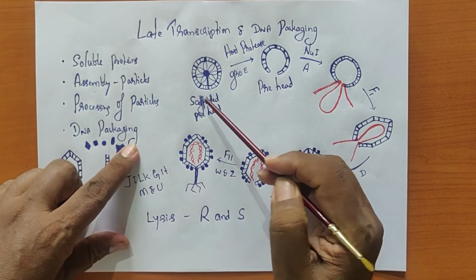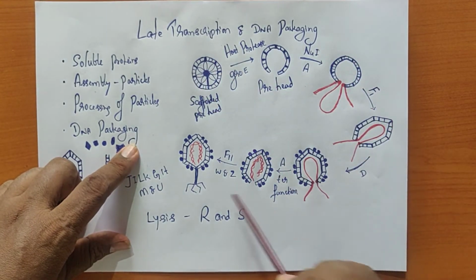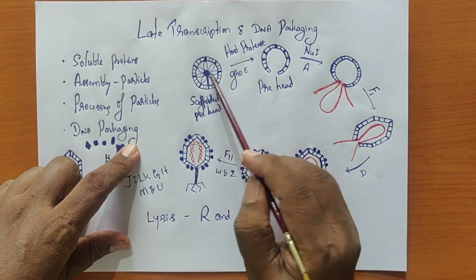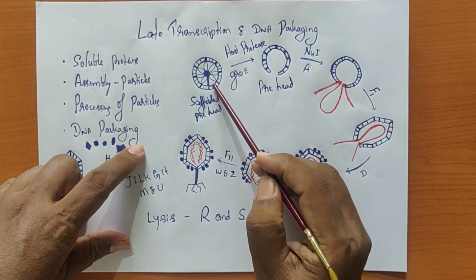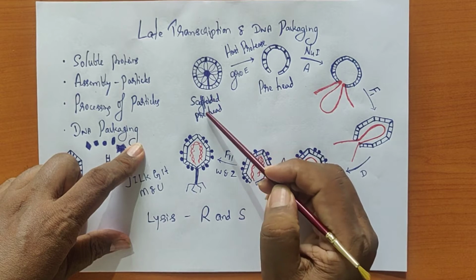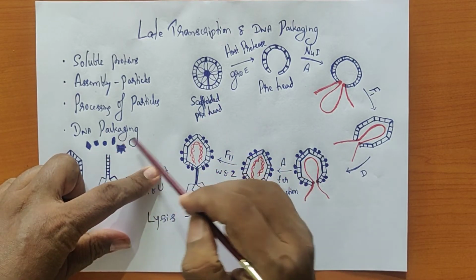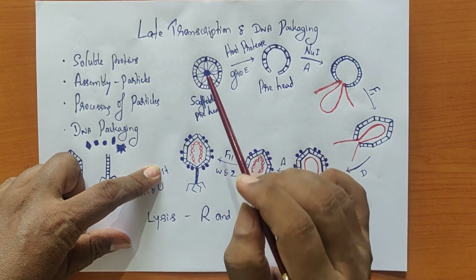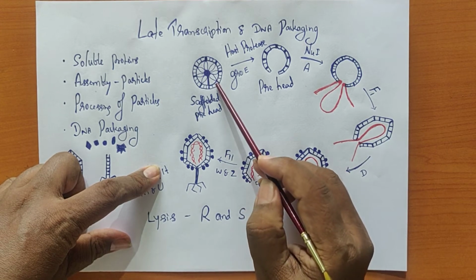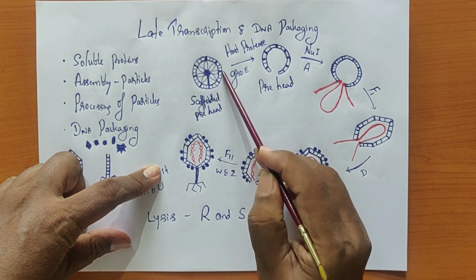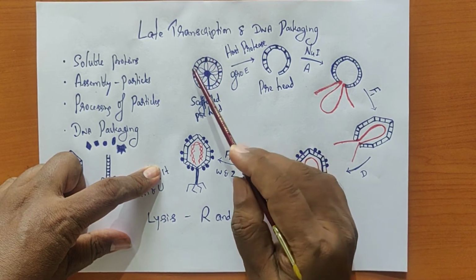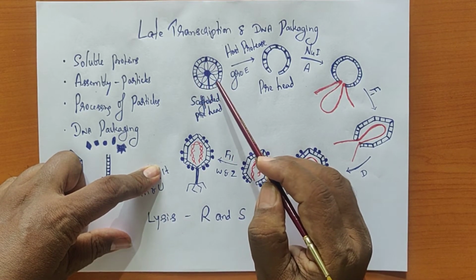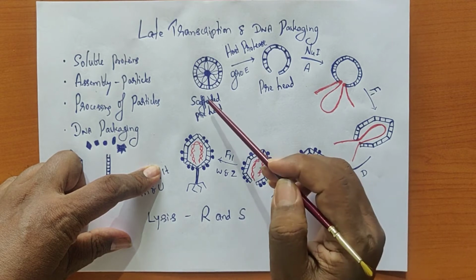What I have shown is a schematic representation of the various particles which they have characterized. The scaffolded prehead means all these proteins are assembled, and this is the earliest precursor they could identify. It has a lot of proteins assembled, and this particular scaffolded prehead is not suitable for DNA packaging.